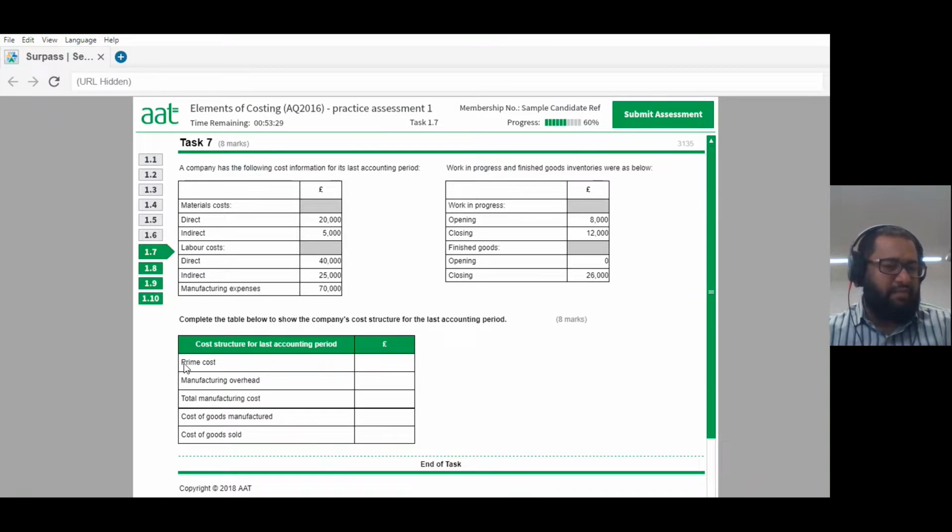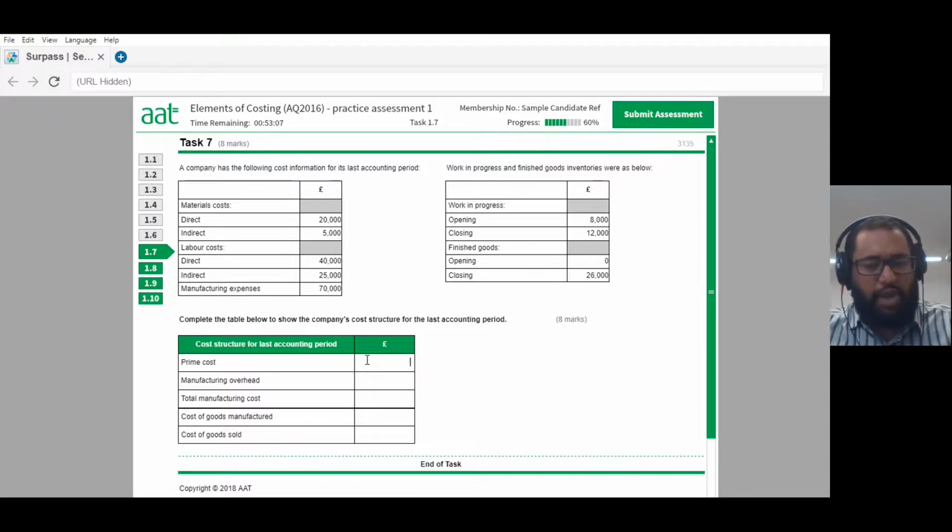The steps start with prime cost. What does prime cost mean? Prime cost is your direct costs. Direct material and direct labor are called the prime cost. Here, your direct material cost is 20,000, direct labor cost is 40,000. These are the only things involved when you calculate your prime cost.